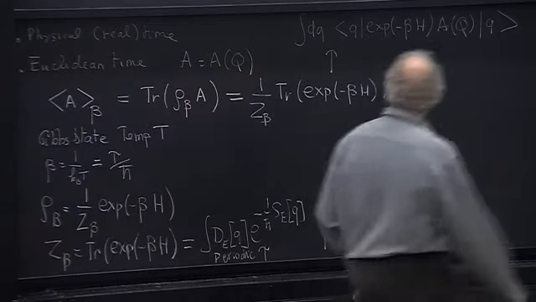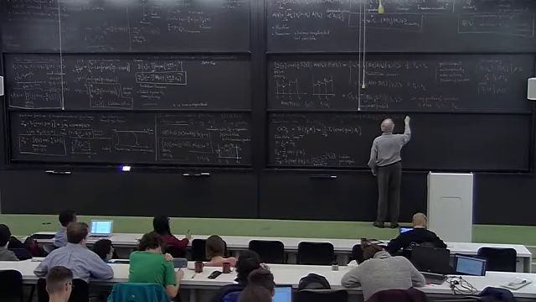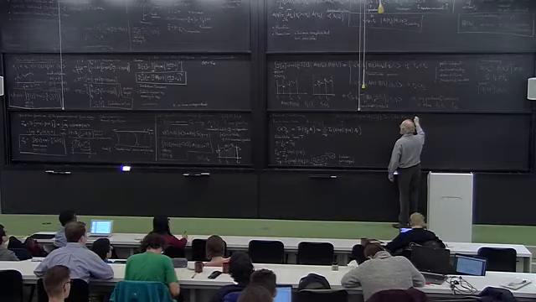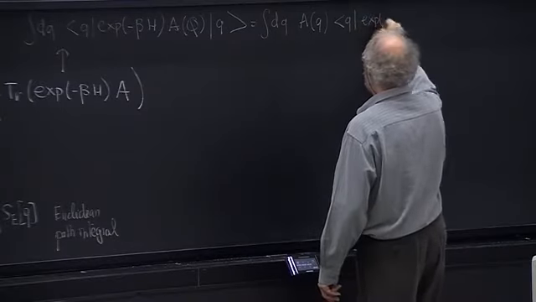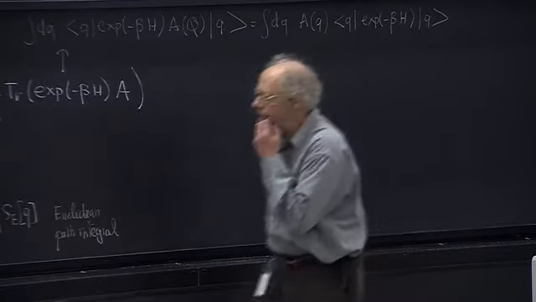But I can rewrite this, obviously, as an integral of dq, A of the function q, of the number q, the random variable, times q exponential minus beta H q.